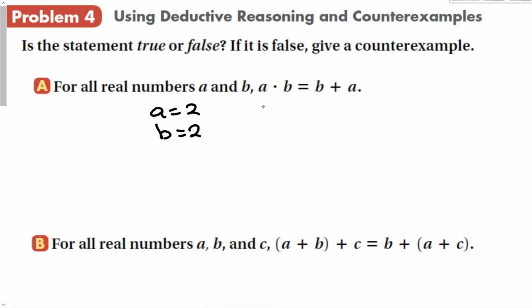Then we would have 2 times 2 is equal to 2 plus 2, which is true. So it's only true for a specific case. We only need one counterexample to show that a statement is completely false, even though we got lucky this time and it happened to work for this expression.